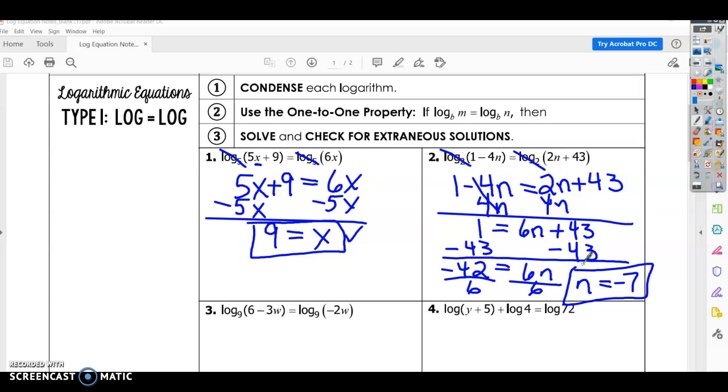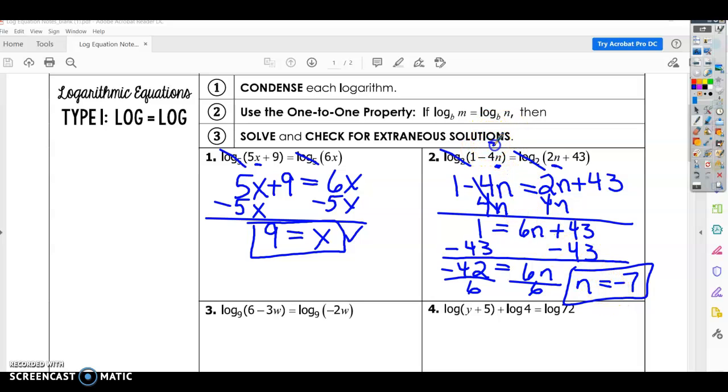All right, so take the negative 7 and again plug it in for n and see if it works. Negative 4 times negative 7 is positive 28, and then 1 plus 28 is 29.